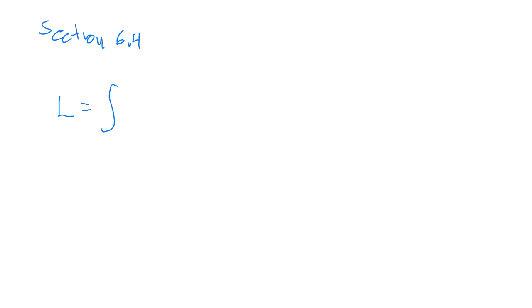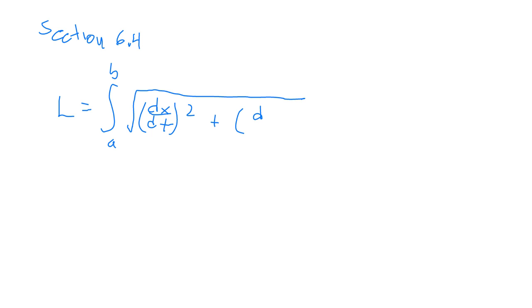The length of the arc is the integral from a to b, where the integrand is the square root of dx/dt quantity squared plus dy/dt quantity squared. And then you're integrating with respect to t.